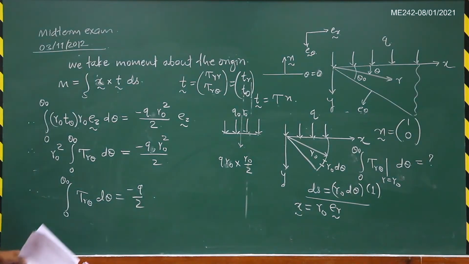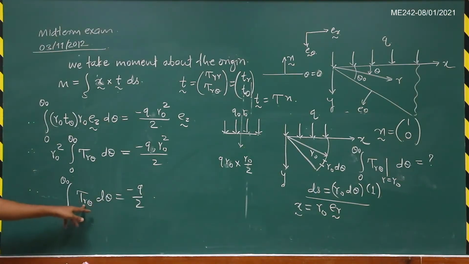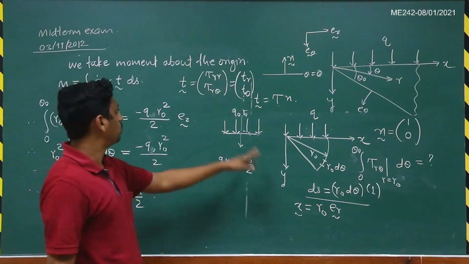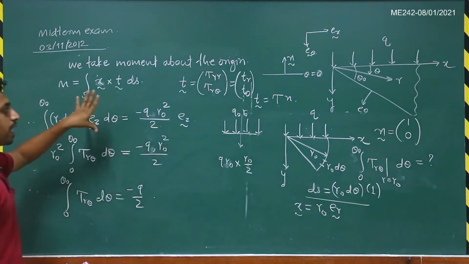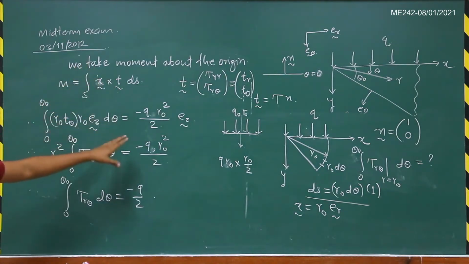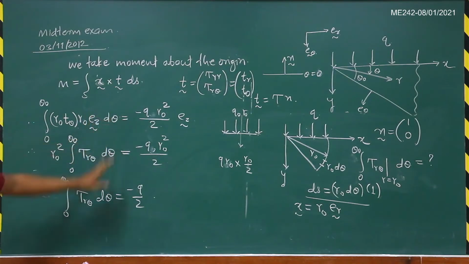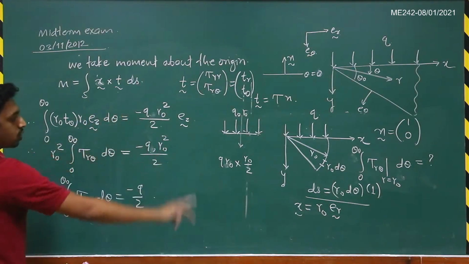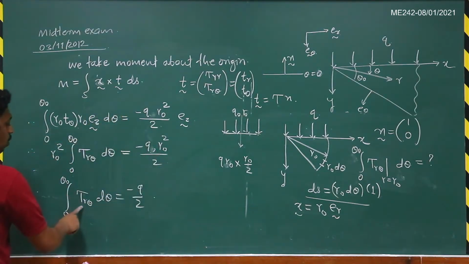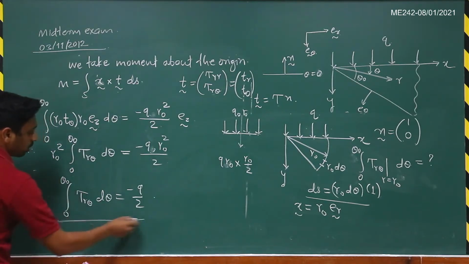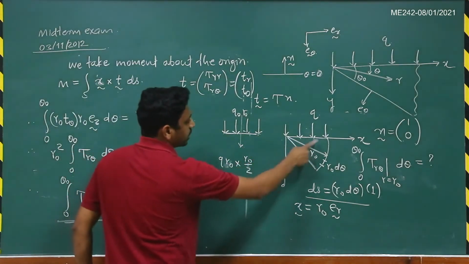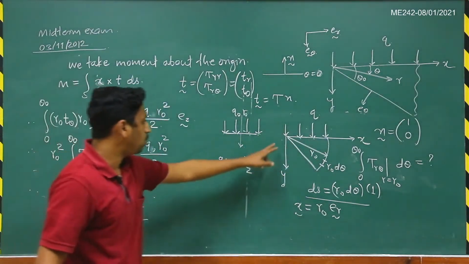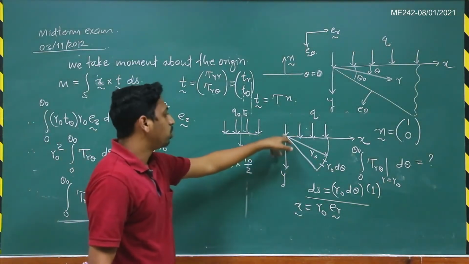So we don't have to find an expression for tau r theta using these constants, because we have not solved for these constants. We just got expressions from which we can find those constants, but we are not supposed to find them. So without using those constants or explicitly finding tau r theta, we have found this value. As I mentioned, this can be found by taking a moment about the origin.